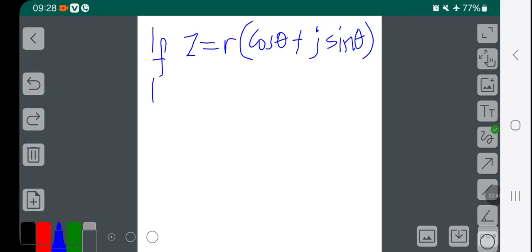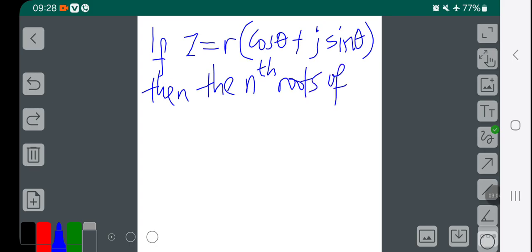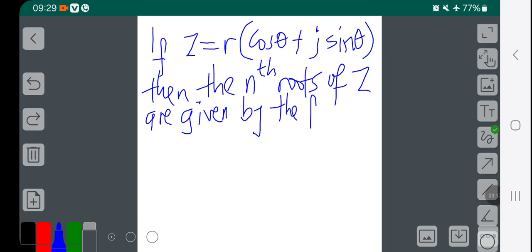The nth roots of z are given by the formula.